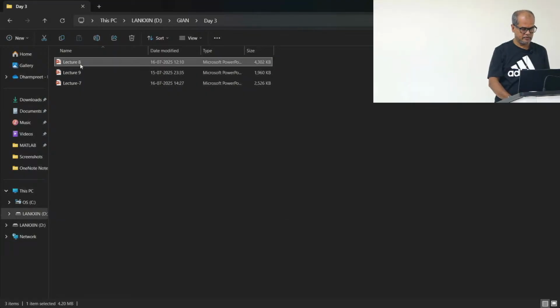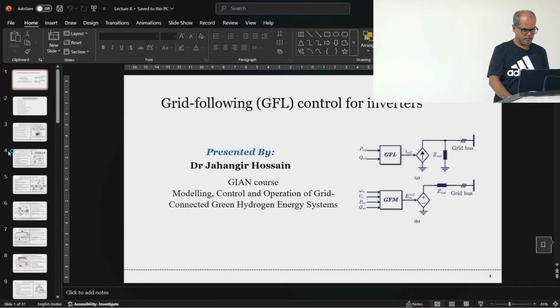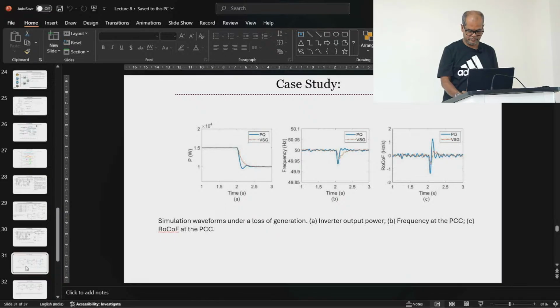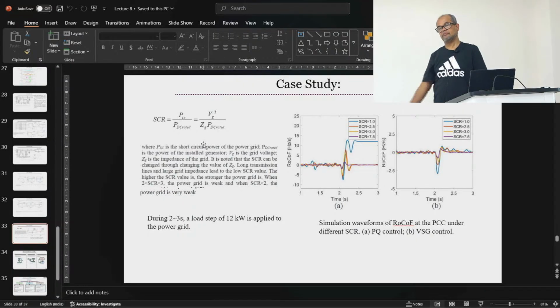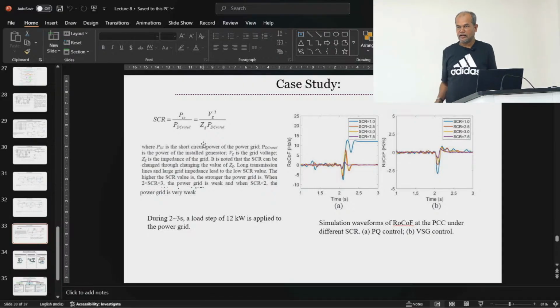I will just open that impedance equation again. If you see that, when you have higher impedance, that means SCR is low, right? So SCR is low. We just picked that value initially, but as I said, you can measure the grid impedance; here we didn't, we just picked a value that gives that particular short circuit ratio.